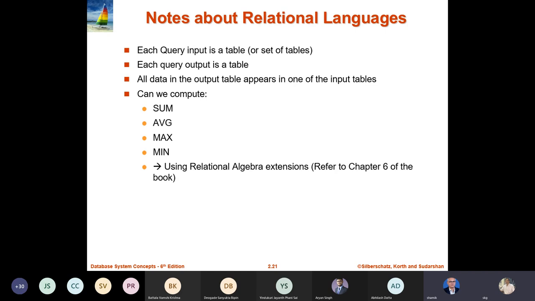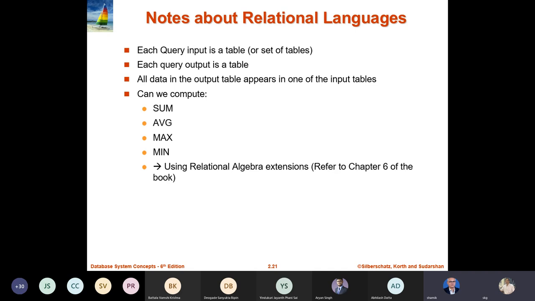Every query will generate a particular table. The beauty of the whole thing is that by handling only these two-dimensional tables, we resolve the different sets of queries. We will see that.